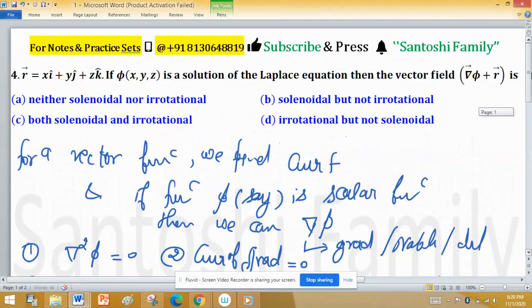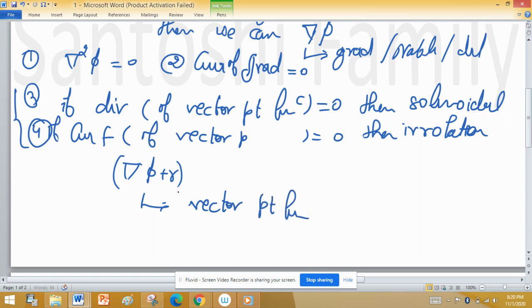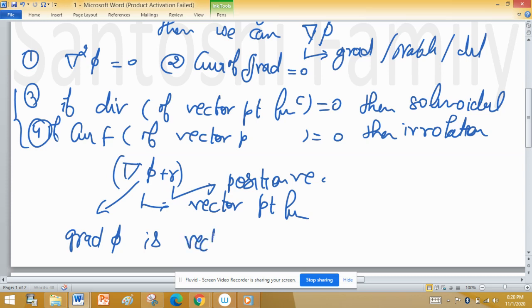Now first we have to check for del phi plus r. We have to check this vector point function. As r is a position vector, and also gradient phi is a vector function, we can add these two, vector plus vector.